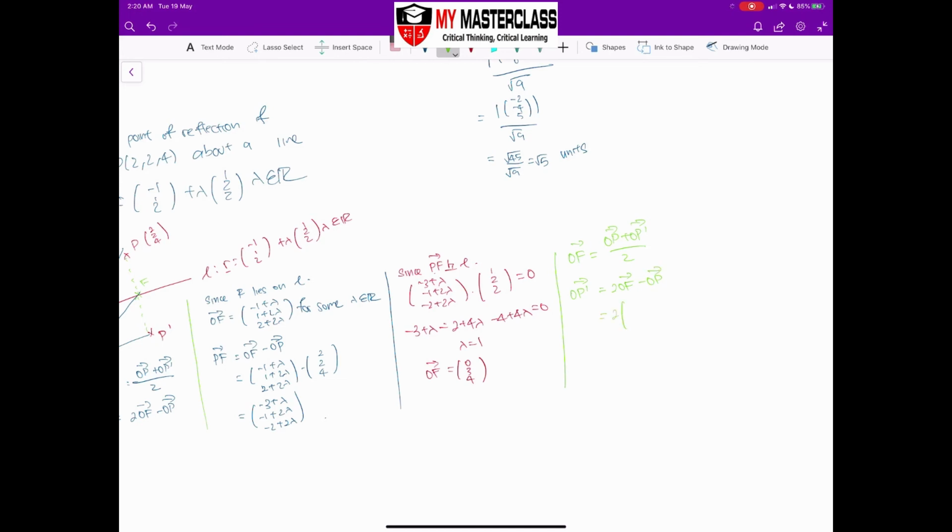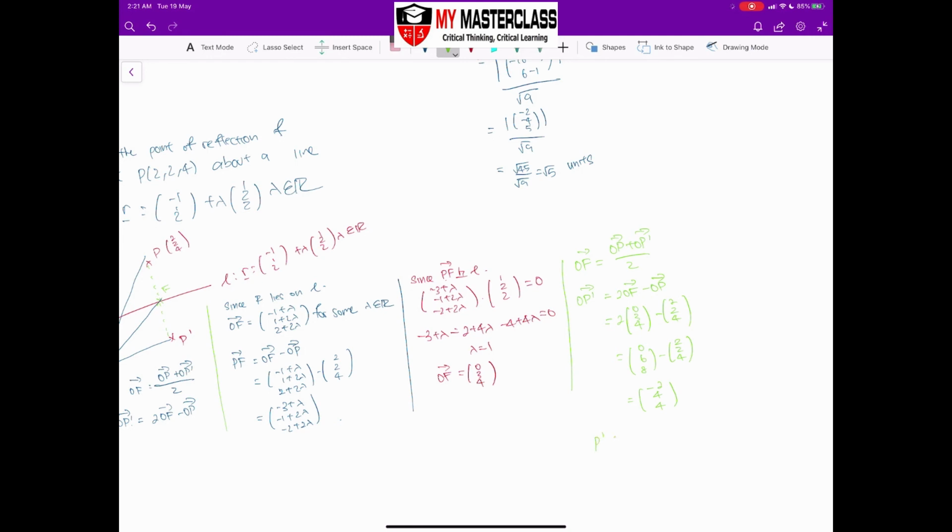I got OF, which is (0, 3, 4), minus my OP, which is (2, 2, 4). Quickly expand out, I'll get (0, 6, 8) minus (2, 2, 4), which will give me (-2, 4, 4). So in coordinate form, P prime is equal to (-2, 4, 4).